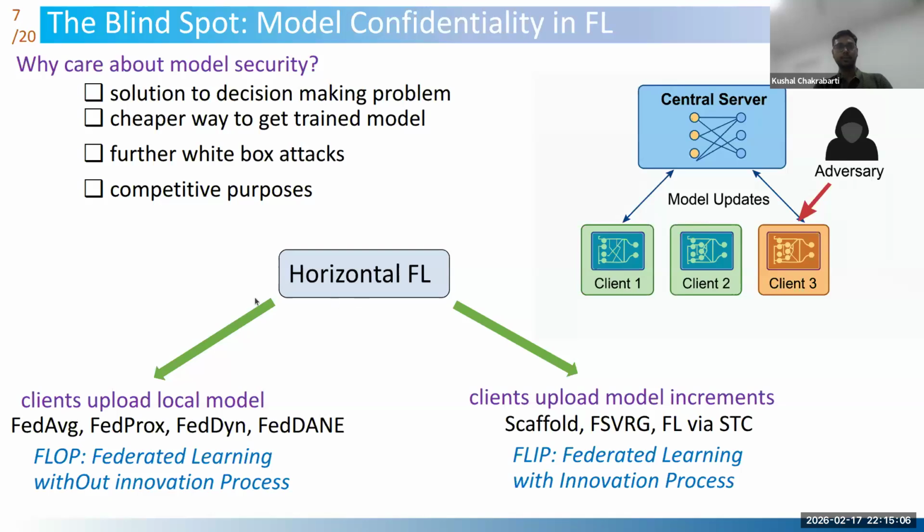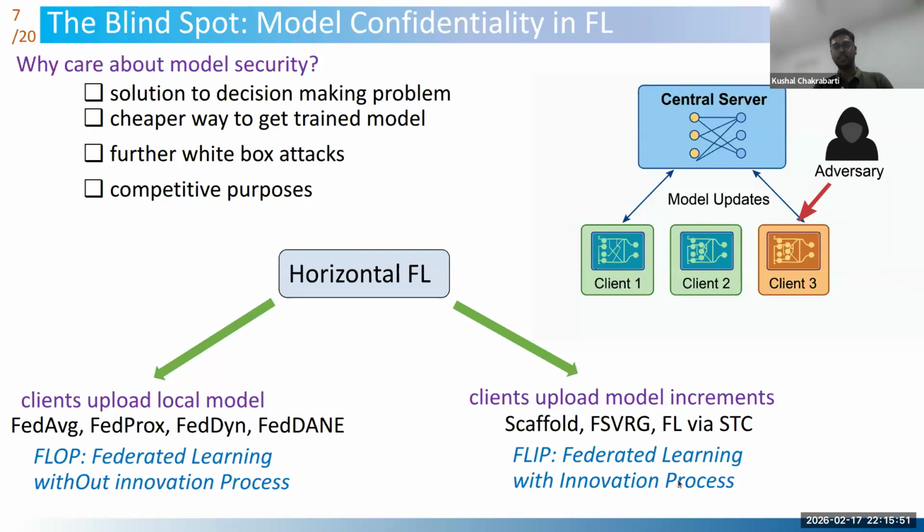Now, talking particularly about horizontal federated learning. During the training phase, there are a number of algorithms available, like federated averaging, which is the most basic form of learning technique in federated learning architecture, just a form of gradient descent in this setting. And after that, several other algorithms came up which tried to improve on this basic algorithm. So in this presentation, I'm going to classify these existing horizontal federated learning training algorithms into two classes. One I am going to refer to as federated learning with innovation process, or FLIP.